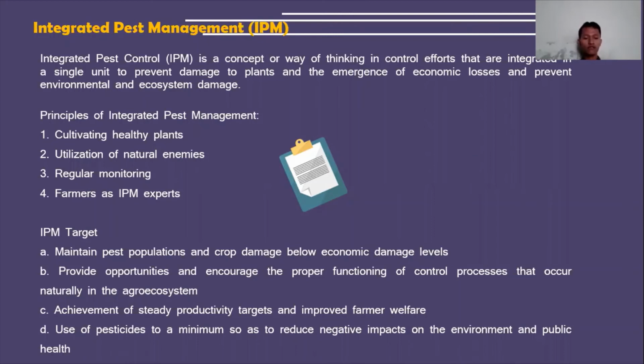C. Achievement of steady productivity target and improve farmer welfare. D. Use of pesticides to a minimum so as to reduce negative impact on the environment and public health.